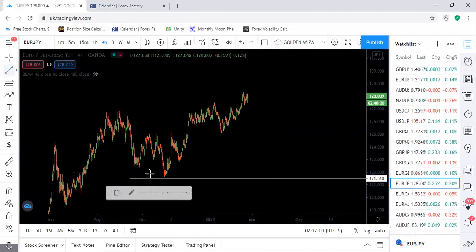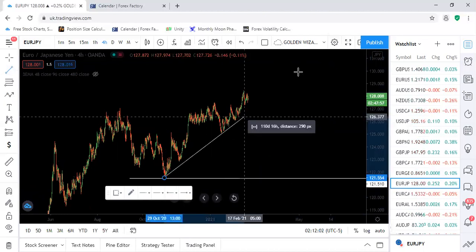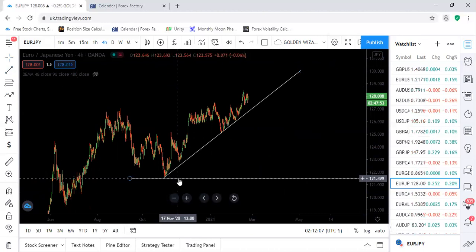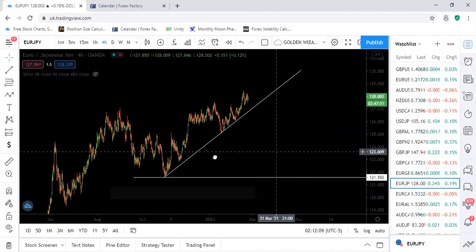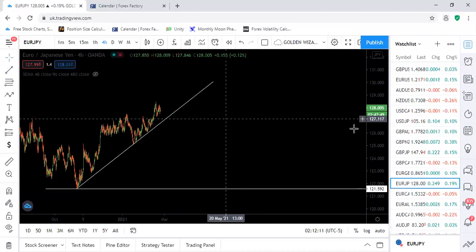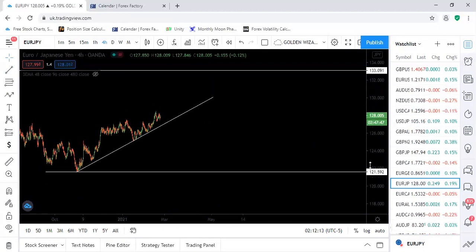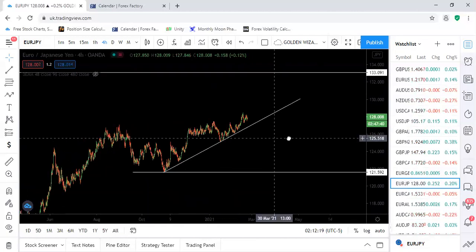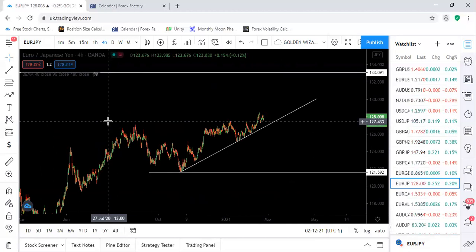I'm going to refine this and bring this right here. I guess what I'm doing right now is just creating a range and using the trend line to understand current momentum of price action. So we see there's a recent high broken after respect of this trend line.